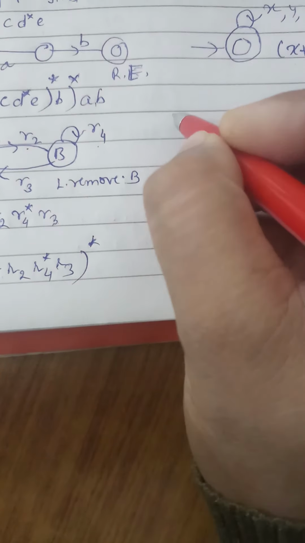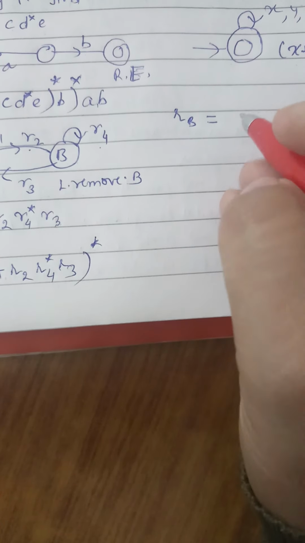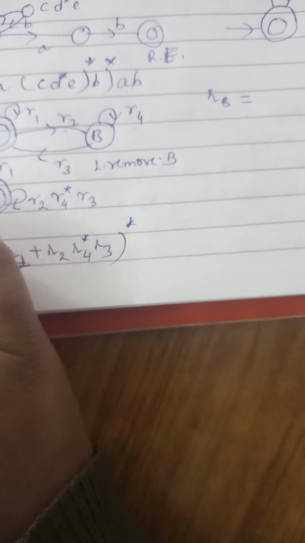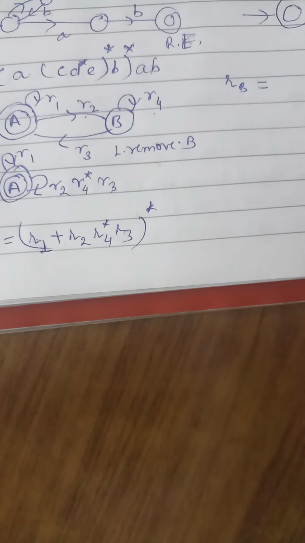And now what will be RB? What do we have in RB? Suppose here we remove B, but if we remove A here, then what will we have?